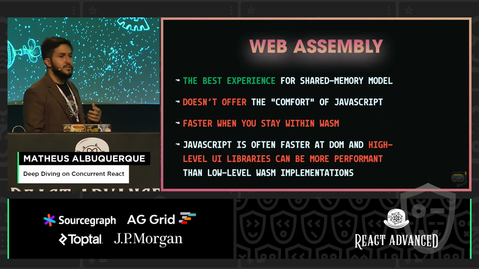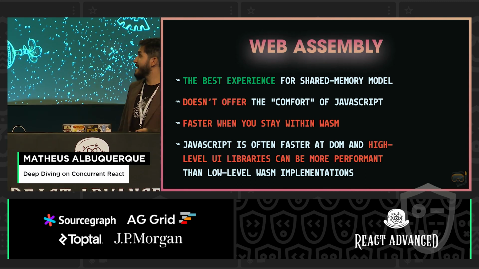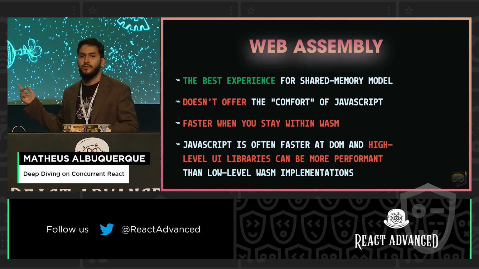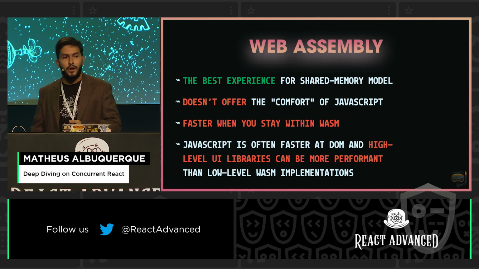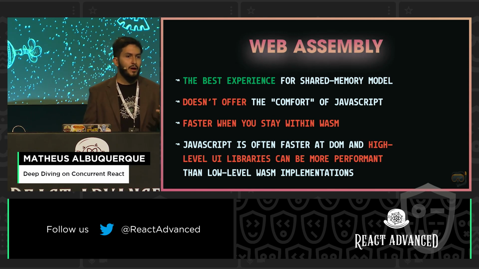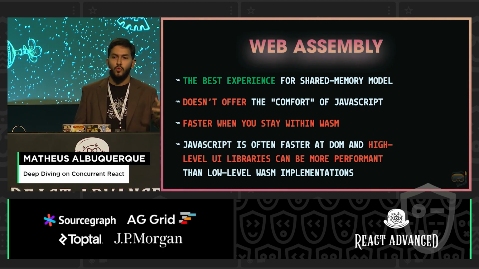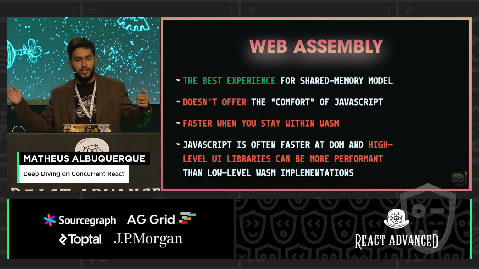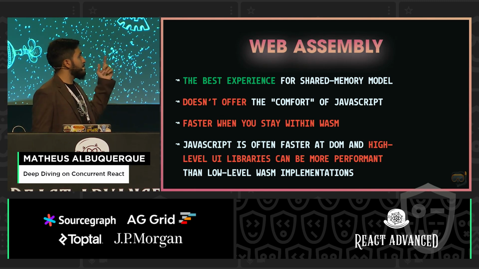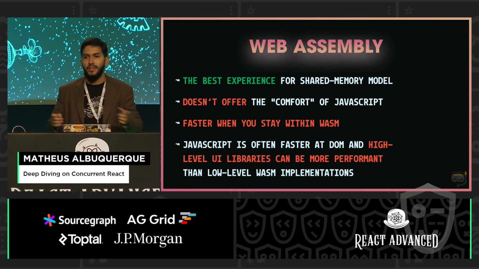And someone could say, okay, what about WASM? WASM is great, and I agree. And that's actually probably the best experience we can get for the shared memory model. But again, it doesn't offer the comfort of JavaScript, and by comfort, I mean the familiarity. So a lot of front-end engineers, when jumping into WASM, face a big learning curve. And probably the most important thing, it's faster than JavaScript when you stay within WASM.